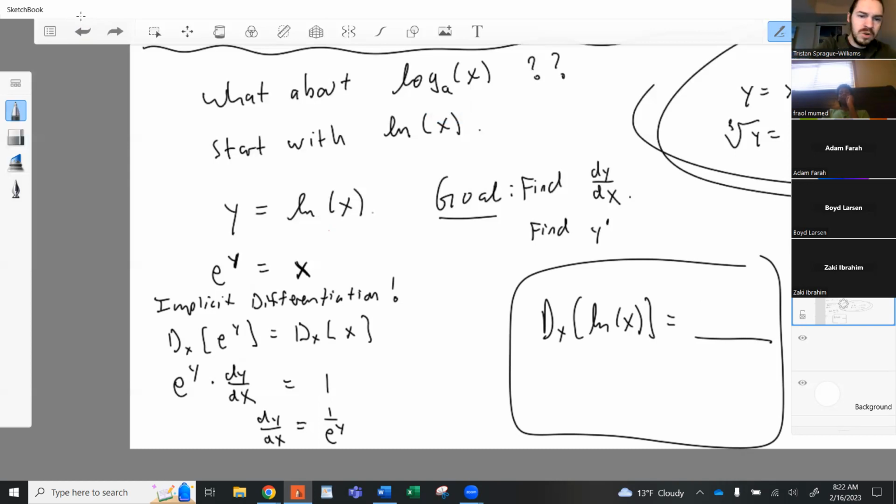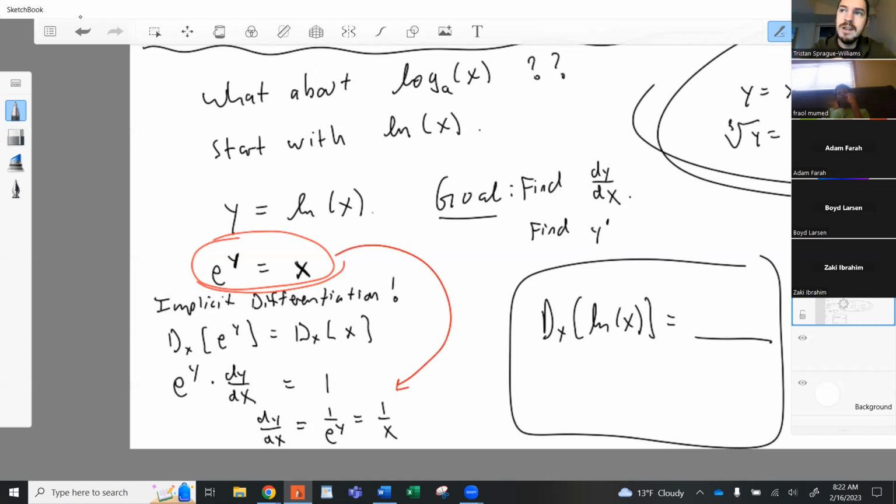So we want to make some sort of substitution that can put this back in terms of x. So we go back to our original relationship. Remember that equation? E to the y and x are actually the same thing. So when we say 1 over e to the y, we might as well be saying 1 over x. And that's based on that relationship that e to the y and x are equal to each other.